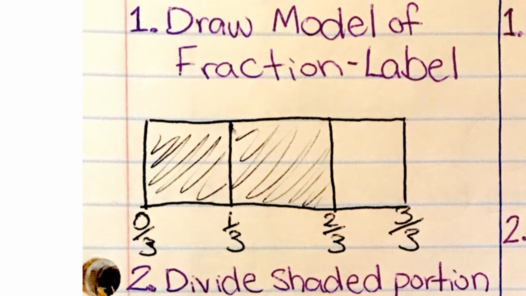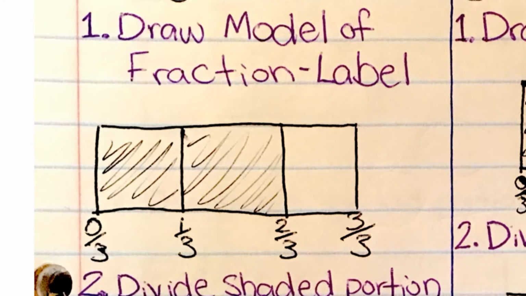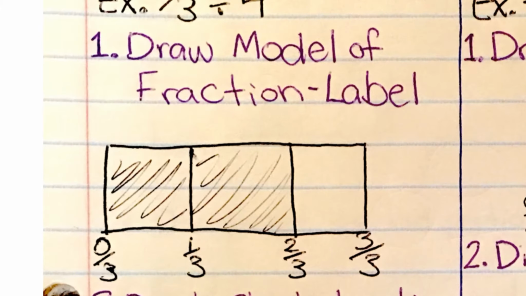Okay, so we see that here I have drawn the model of 2/3. You see the 3 boxes, 1, 2, 3, and 2 of them are shaded. And the big thing down here is that we've labeled them. This will become very important soon.